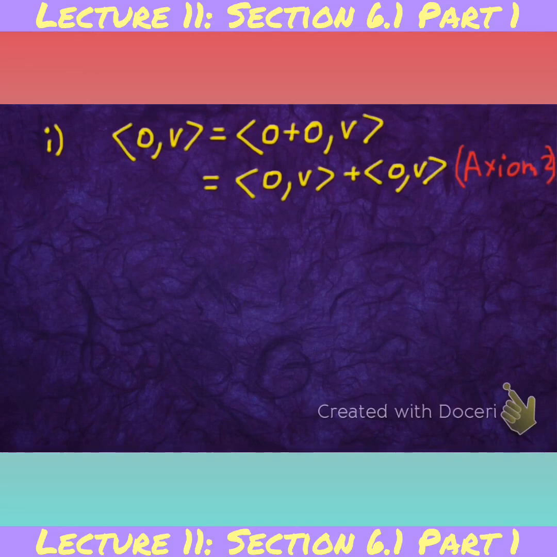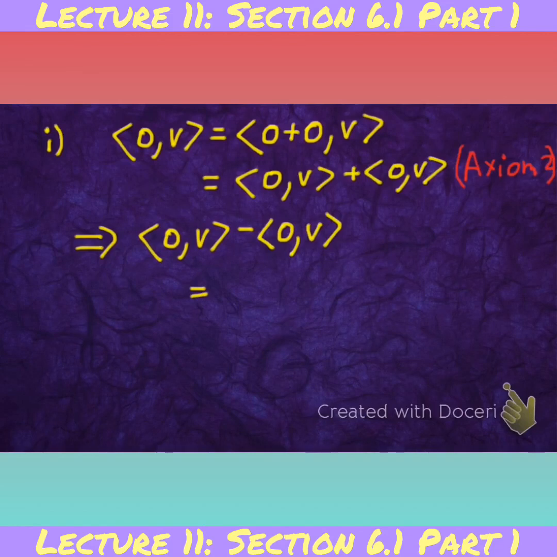Now, what can we say from here? This implies that we can take this, which is a real number, and we can subtract this real number from there. This is also a real number.